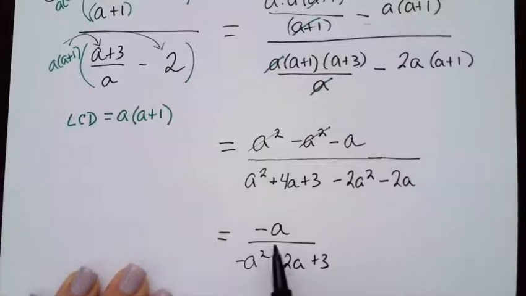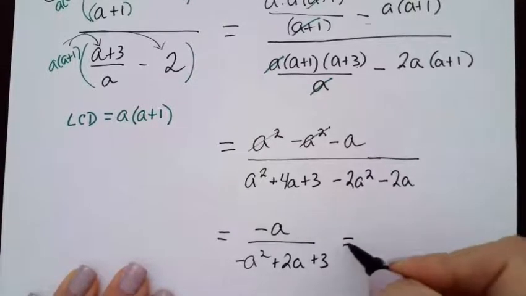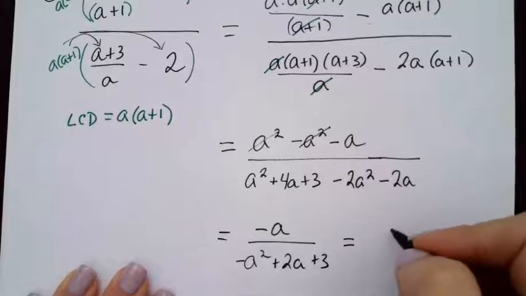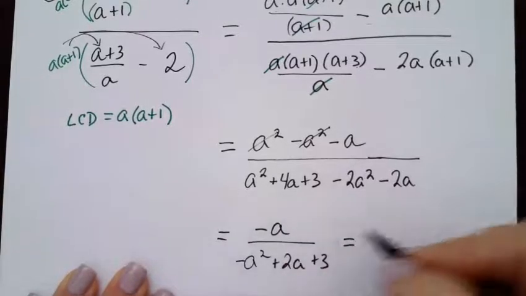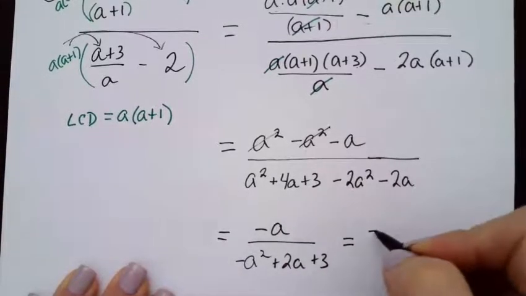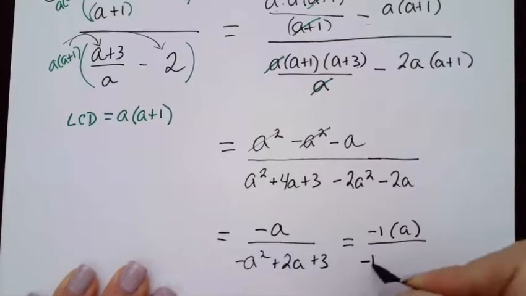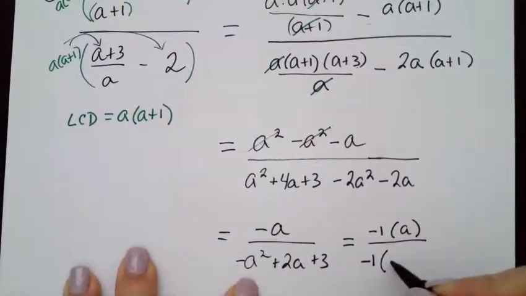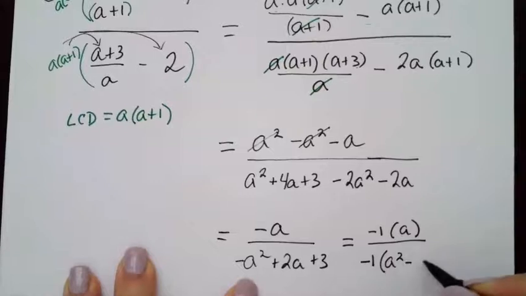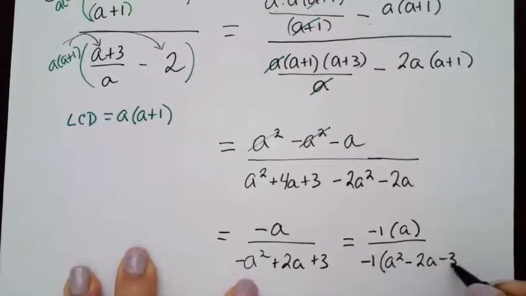Now I do have a negative in the top. The leading term is negative on top, and the leading term is negative on the bottom. So if I wanted to, I can factor out a negative 1. So just think about dividing top and bottom by negative 1, or you can write it in factored form, negative 1 times a. When I factor out a negative 1 in the bottom, it changes the signs of all of the terms.